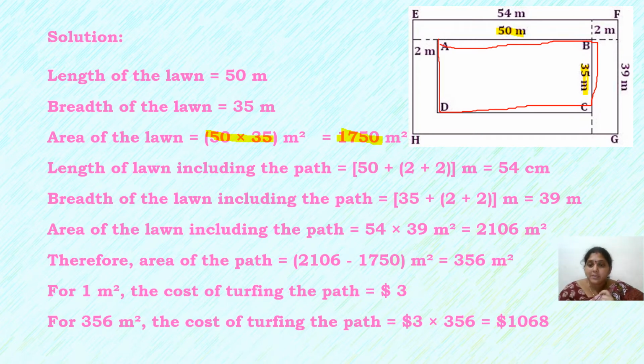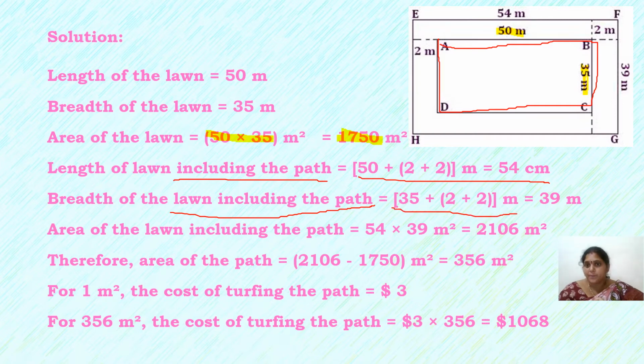Now the length of the lawn including the path: on that side and this side you have to add 2 meters up and 2 meters down. So what is the total length including the path? It is 54 meters. In the same way, the breadth including the path is 35 plus 2 plus 2, that is 39 meters.